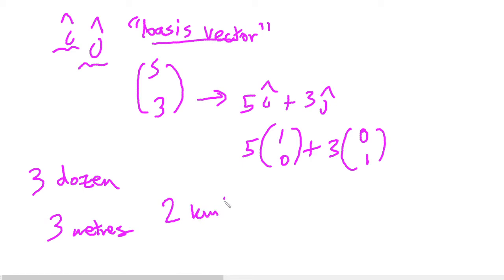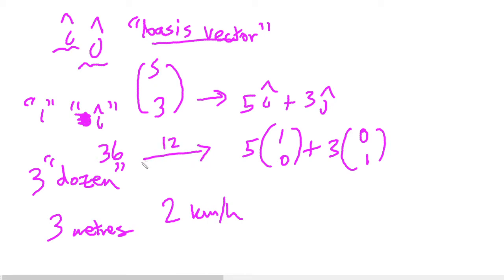2 kilometers per hour. These are all examples of one-dimensional quantities that do not use the mathematical unit 1 or i as their basis, right? 3 dozen, well, it's 36 units, but the basis dozen, or basis vector dozen, meaning 12, if that's not a familiar concept for you, could represent the vector of length 12 on the one-dimensional number line, or just the number 12, right?